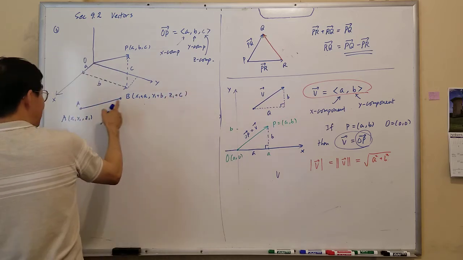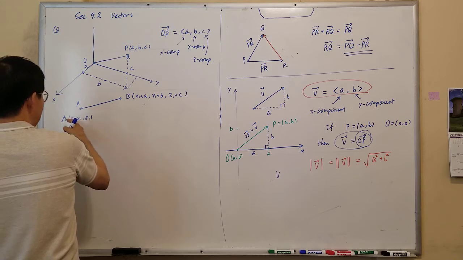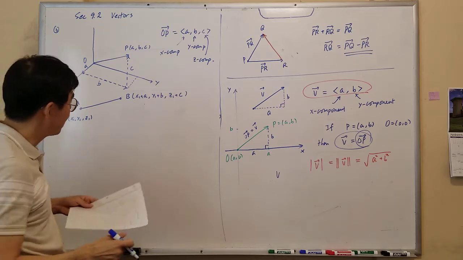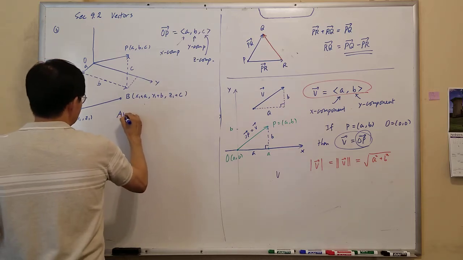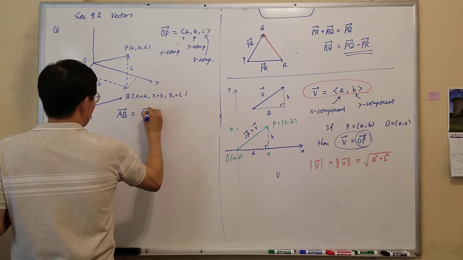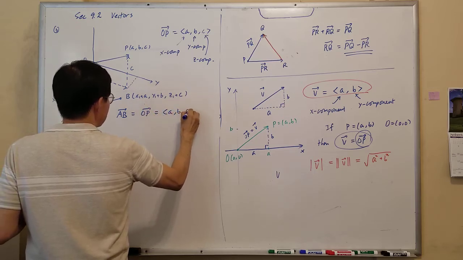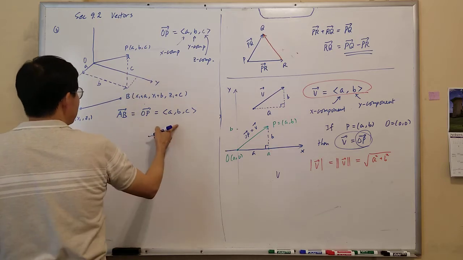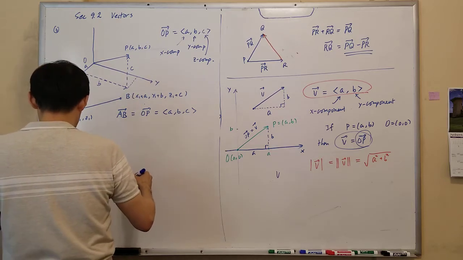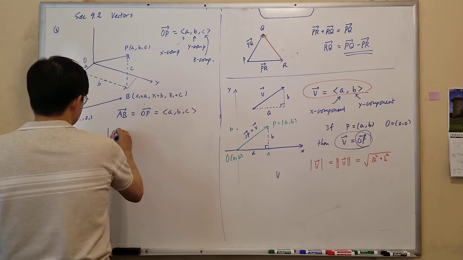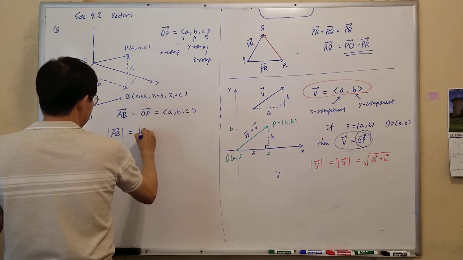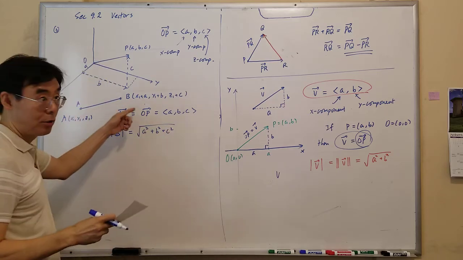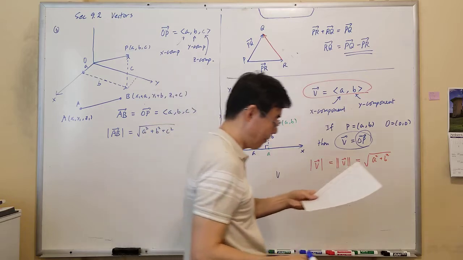That means from A to B, you have to go by A, B, and C along the directions. Then the vector AB will be the same as this OP vector, which has components A, B, C. And in that case, the magnitude of AB is square root of A squared plus B squared plus C squared, which is the distance between these two points, right? The magnitude of the displacement vector.